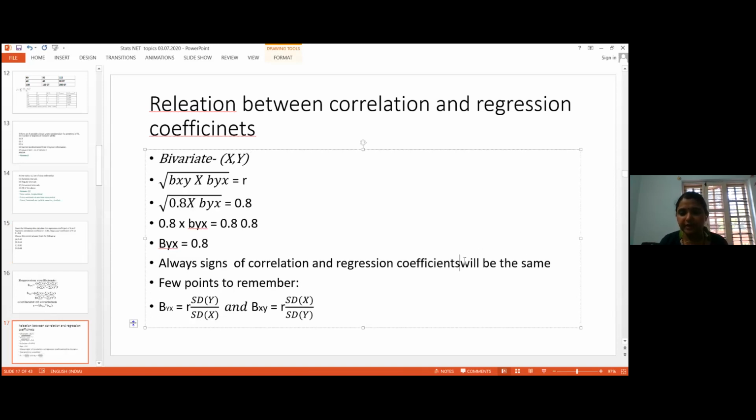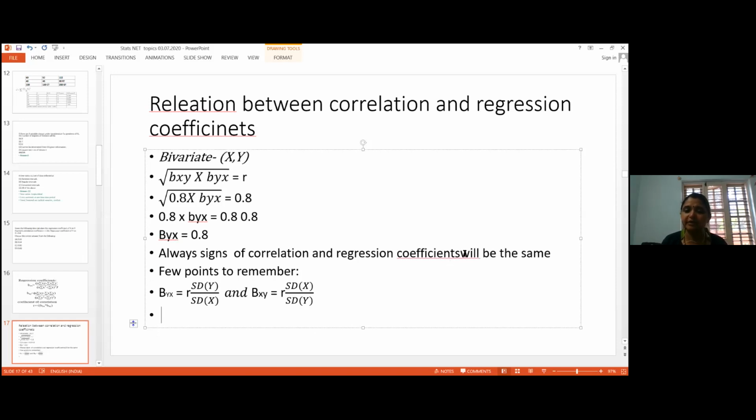Always the regression coefficients and correlation will be the same sign. If you have one of the regression coefficients negative, the other one also has to be negative. If correlation is negative, then both the regression coefficients are negative.